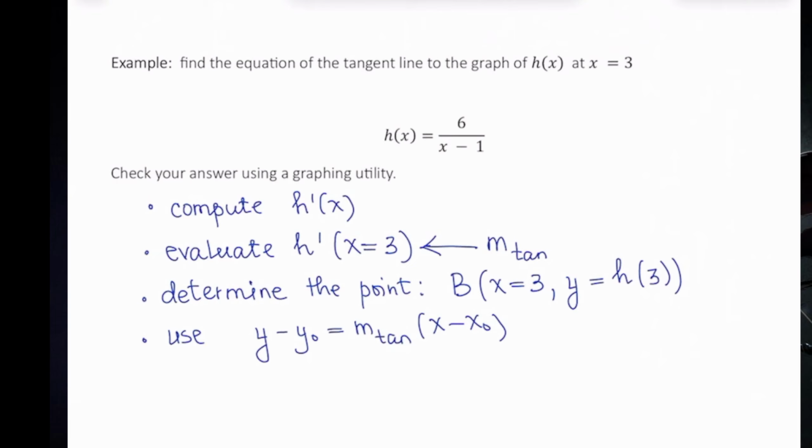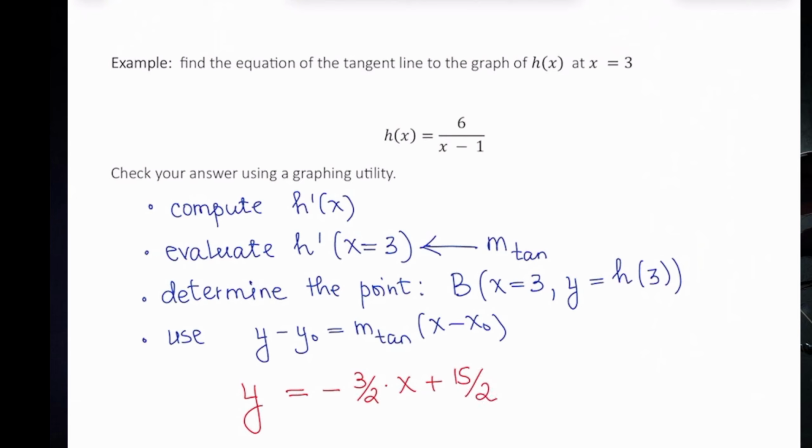I am going to give you the answer to this so you know if you've done this correctly. Once you do all of this, the answer should be the following: y is equal to negative 3 over 2 x plus 15 over 2.